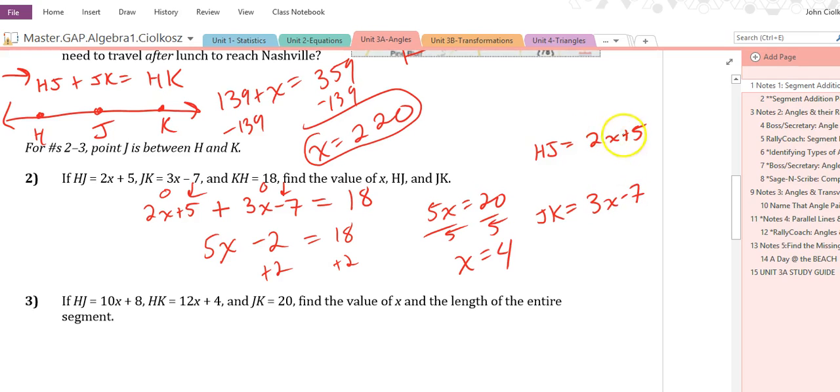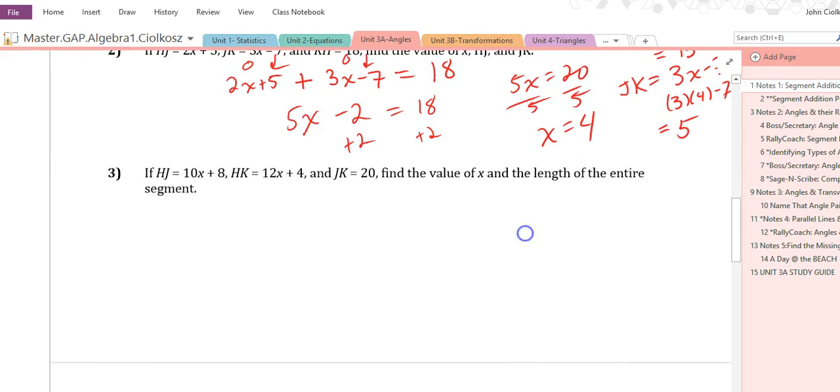So to find their lengths, I'm going to go ahead and plug in that 4 for my x into each one. So this one's going to give us 13, and this one 5. So again, make sure you're answering all parts of the question.